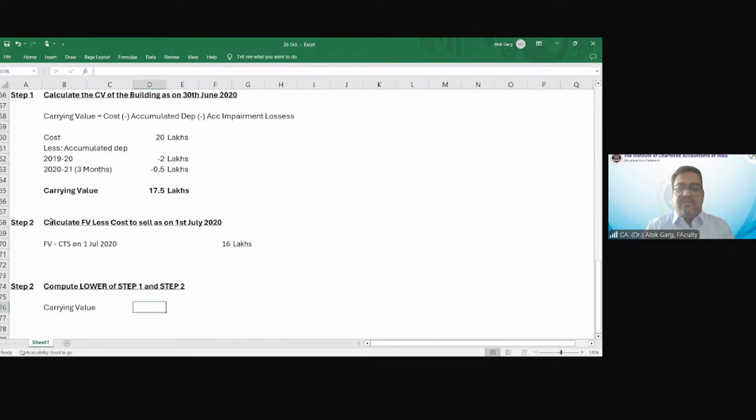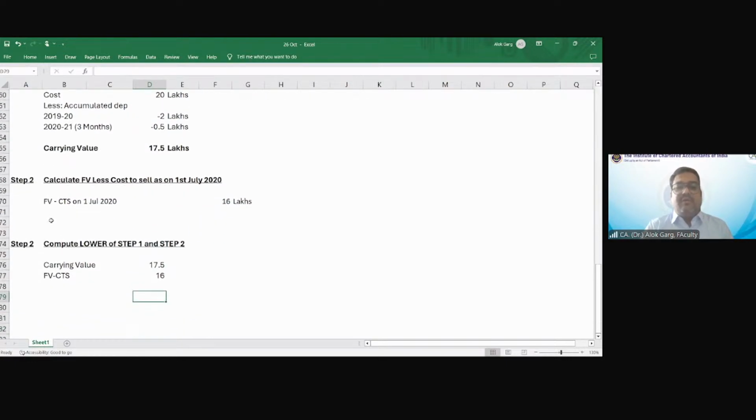My carrying value is 17.5 lakh. What is my fair value less cost to sell? 16 lakh. What is lower? 16 lakh is lower.